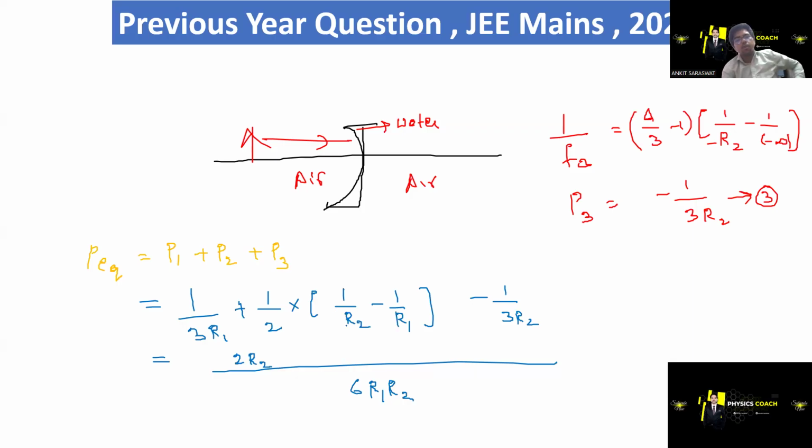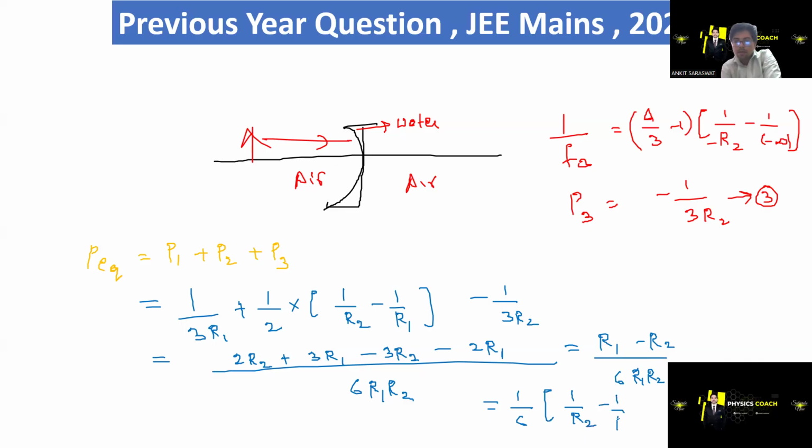Here it is 1 upon R2, so it will be plus 3R1 minus 2R1, and so on. So 3R1 minus 2R1, that is R1 minus R2 by 6R1R2. If you further simplify, it is 1 upon 6 times (1 upon R2 minus 1 upon R1). This is our final answer.